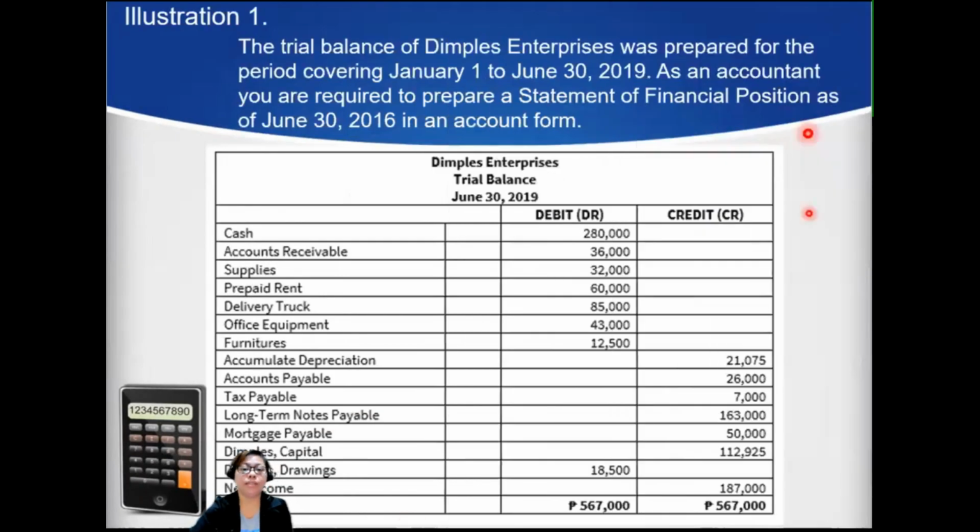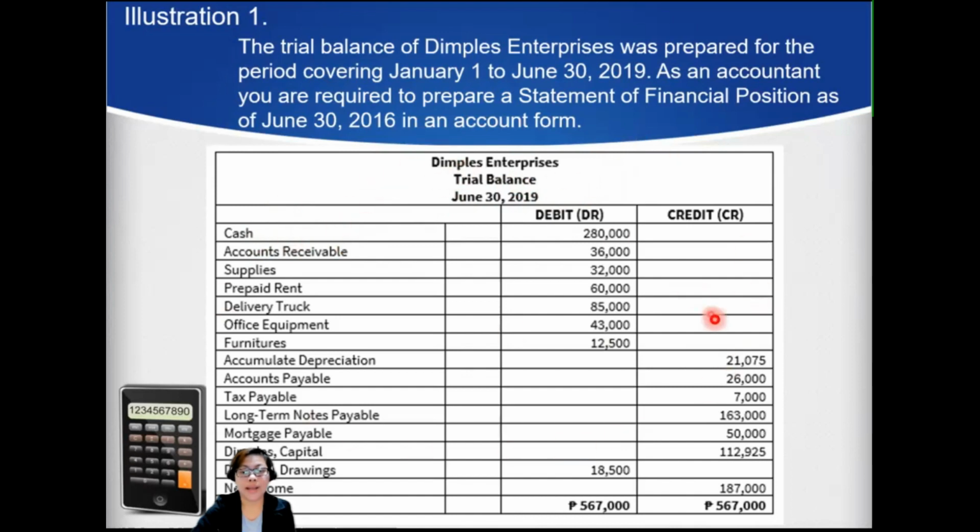Illustration 1: the trial balance of Dimples Enterprises was prepared for the period covering January 1 to June 30, 2019. As an accountant, you are required to prepare a statement of financial position as of June 30, 2019 in an account form.